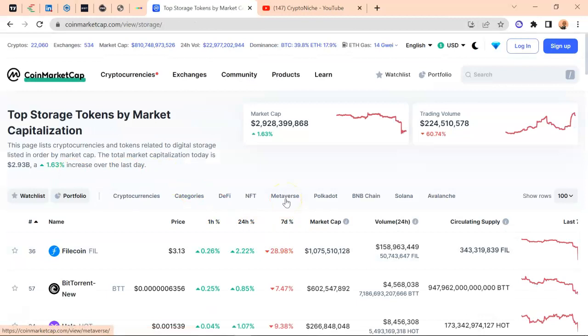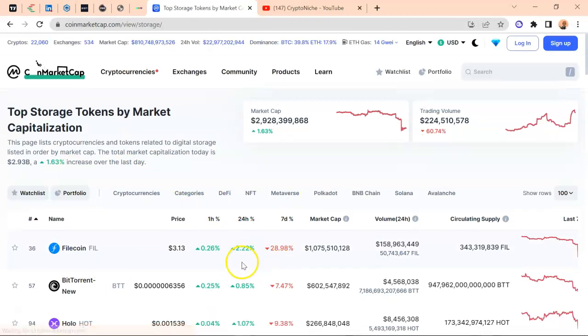You can see that when it comes to decentralized storage, Filecoin is the number one.